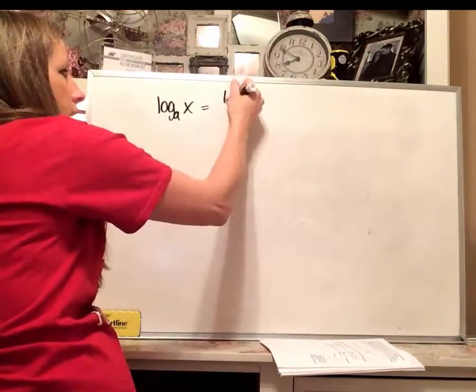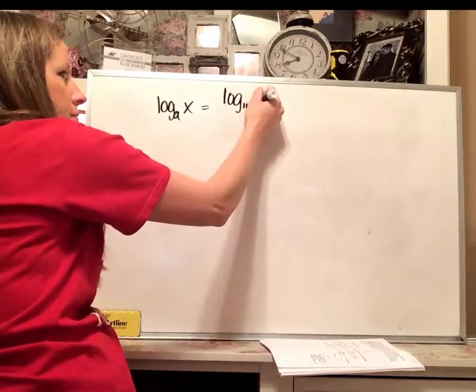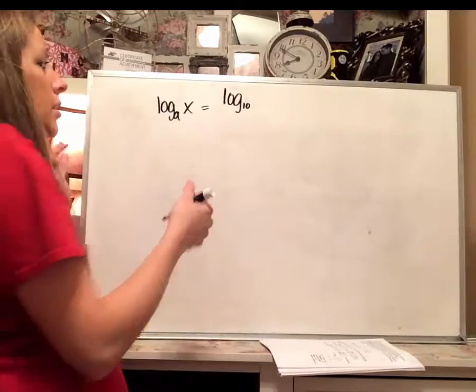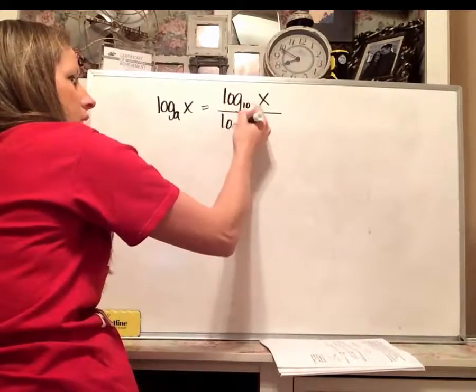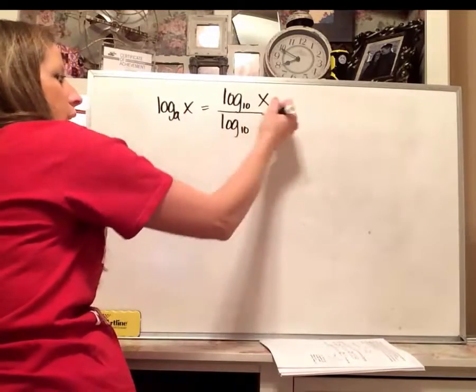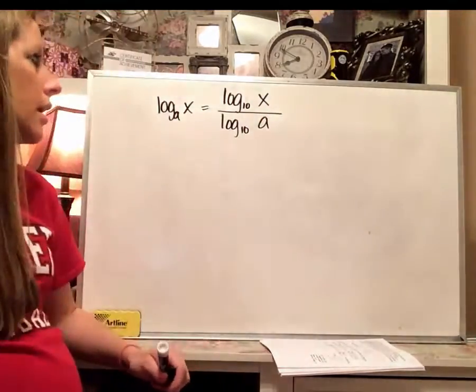So what you do is you take the log, and that would be a base of 10. Log base 10 of x divided by the log base 10 of whatever that base was in the beginning. Okay, so you divide them.